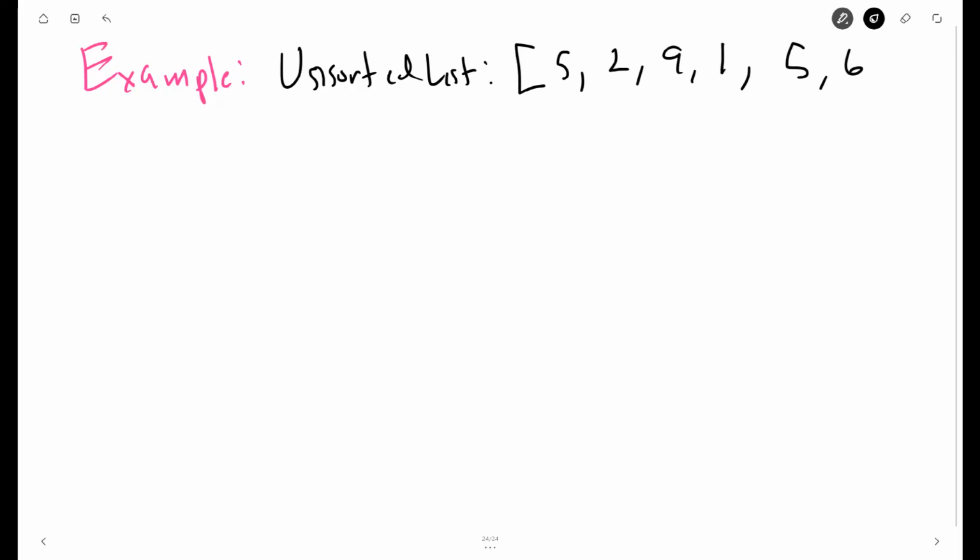So the unsorted list is as follows: 5, 2, 9, 1, 5, 6. So we're going to do pass 1.